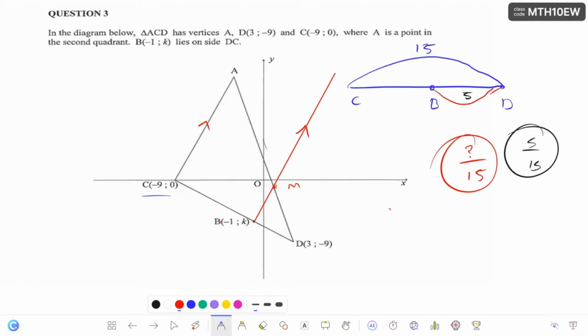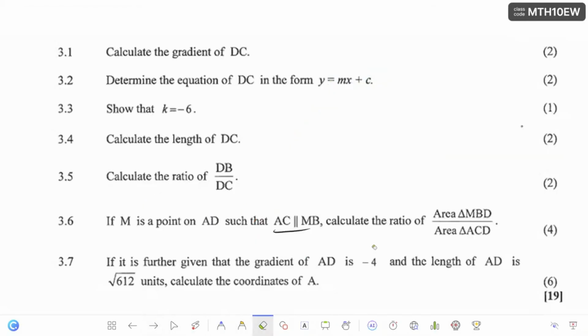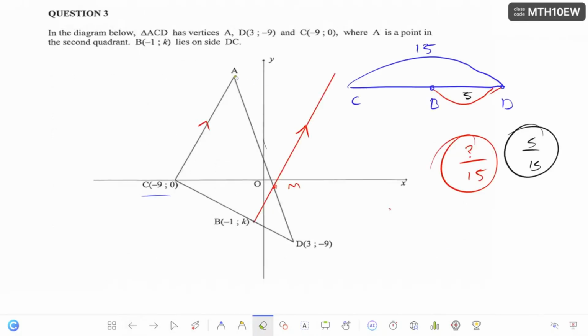So this is the triangle MBD. You see this small triangle here. That's the triangle that we need to calculate the ratio for. And the other triangle is ACD. Let's check triangle ACD.